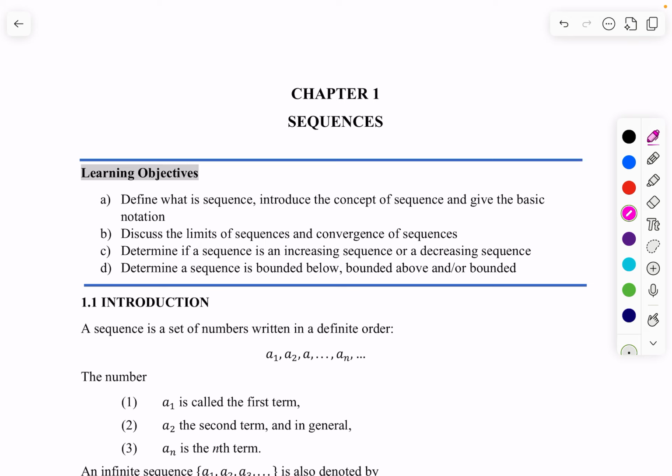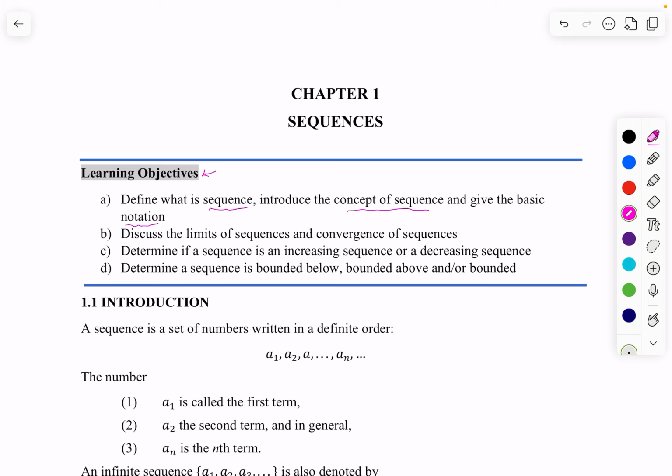In this chapter, I would give 4 parts or 4 objectives that we need to cover. The first one is that you should be able to define what a sequence is. You should know the concept of sequences and how to give the basic notation for the sequences.